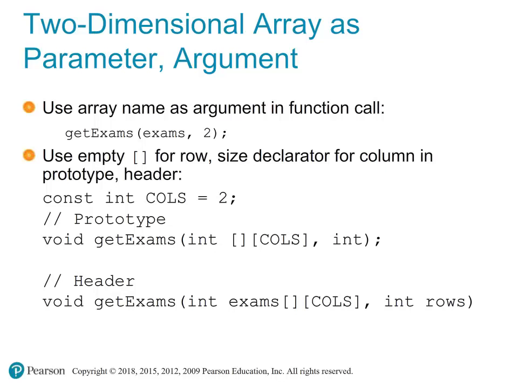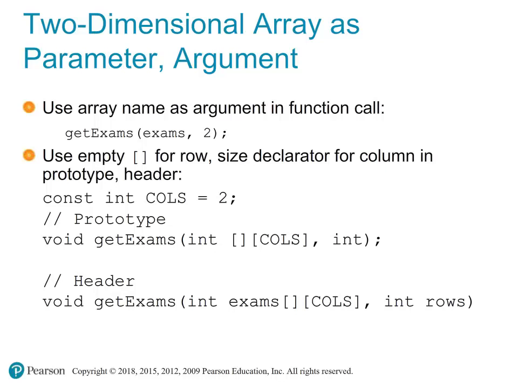The function prototype and the header should reflect the fact that a two-dimensional array is expected. Here the example is we first declare a constant integer COLS equal to 3. Then we have a void getExams, and inside we have an integer empty bracket, then bracket COLS, then comma, then integer.